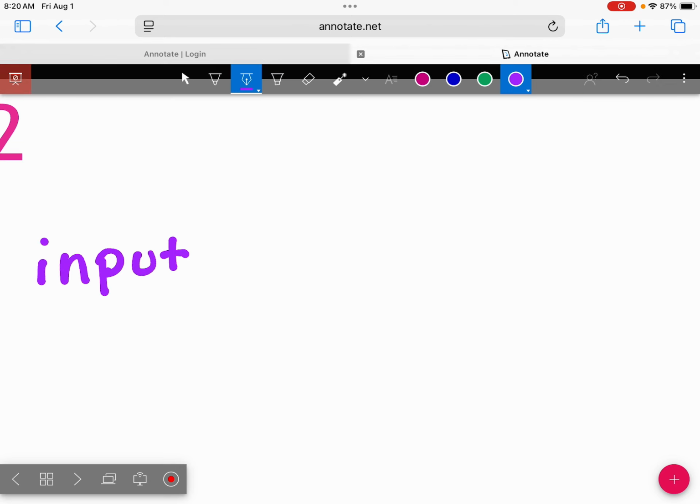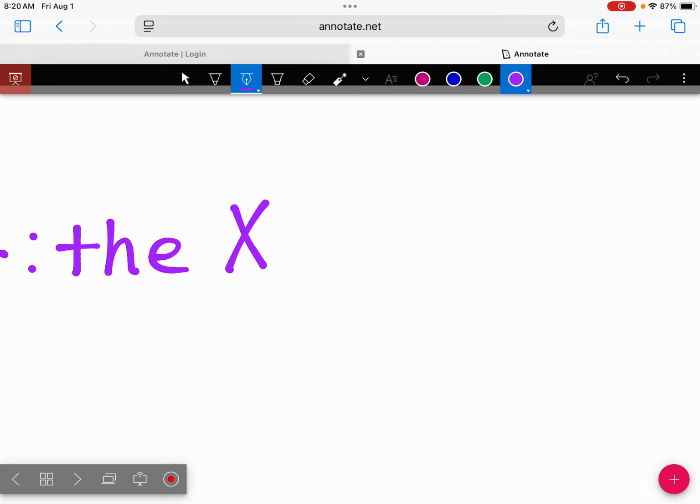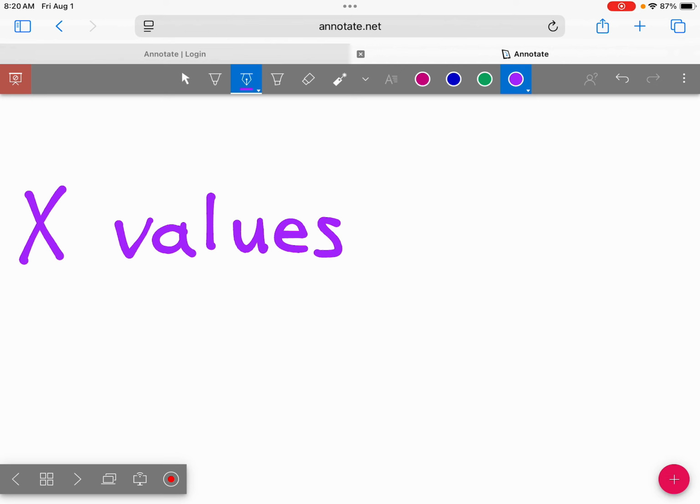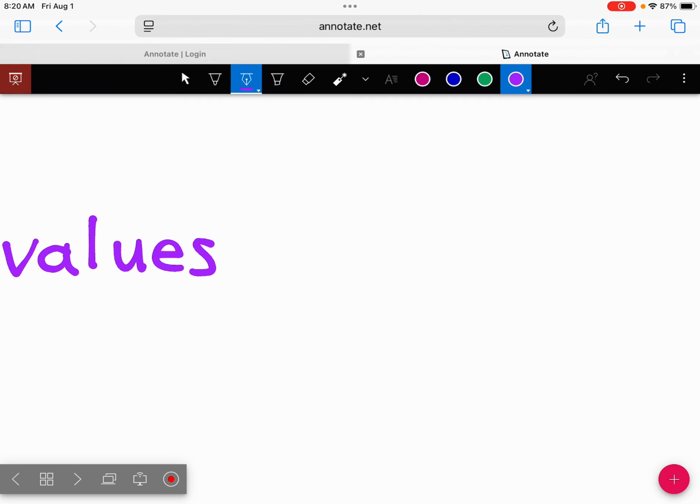More often than not, and I would say 99.999% of the time, this is the x values. The x values of an equation, relationship, graph, whatever it is that we're talking about.